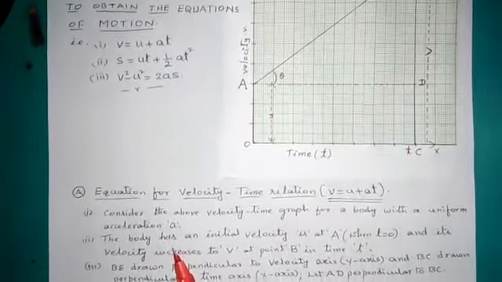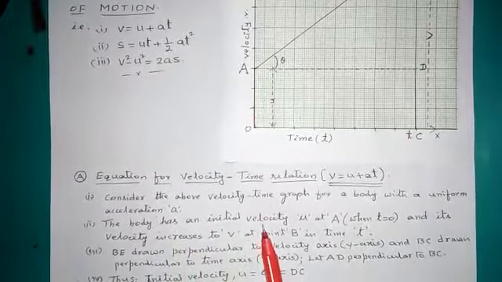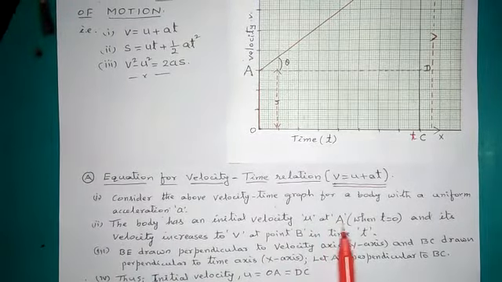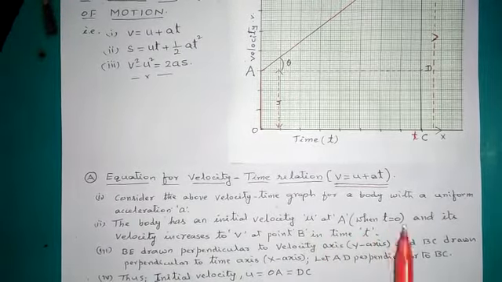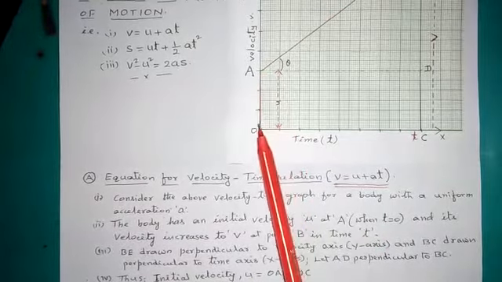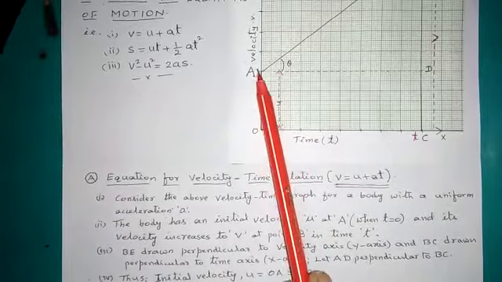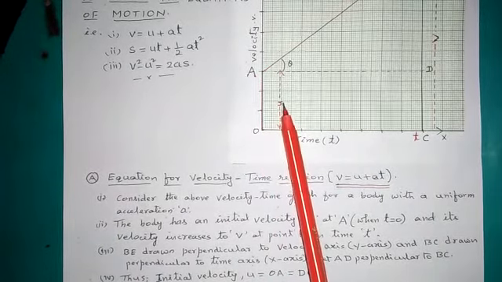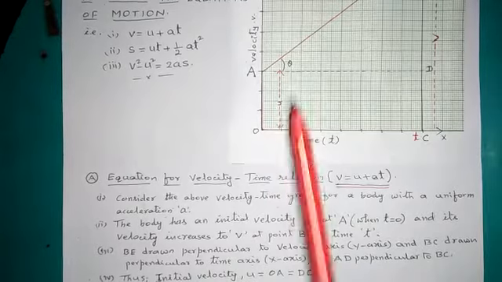The body has an initial velocity u at point A when time is equal to 0. This is the initial velocity. From O to A, this represents the initial velocity u.